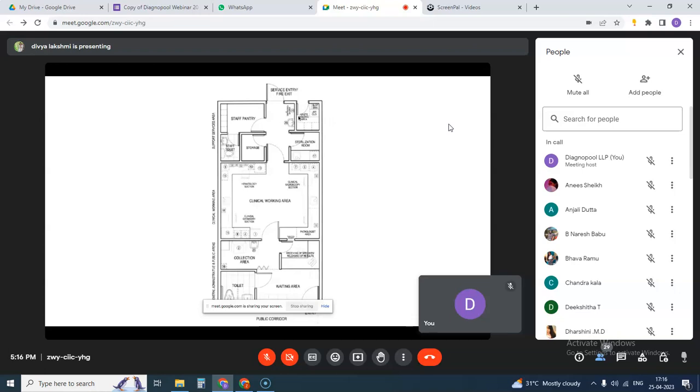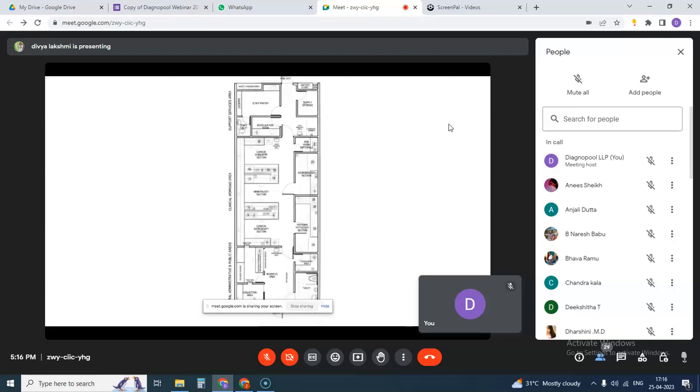A separate sink should be there for discarding the waste. It should not be combined with the sinks in the working area. And a separate exit should preferably be there, where machines or any other consumables can enter, and it also acts as a fire exit. These are the basic requirements in the lab.